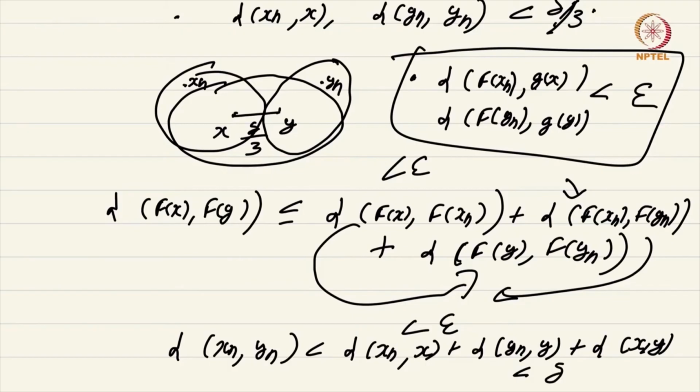So now you should understand why we chose delta by 3 and not anything else.